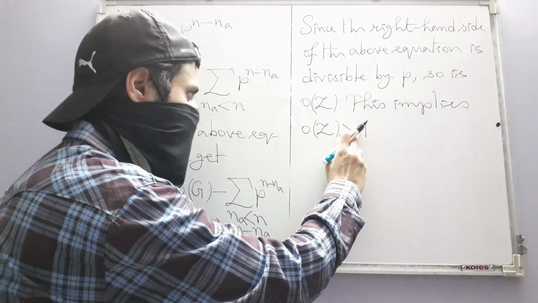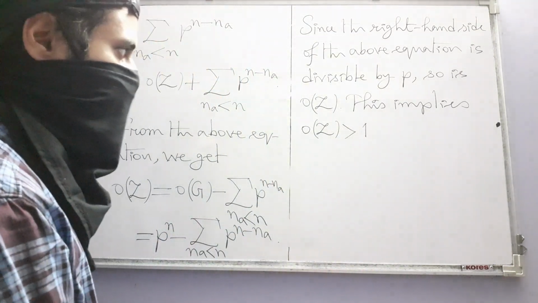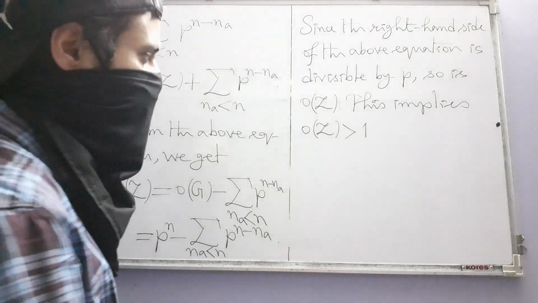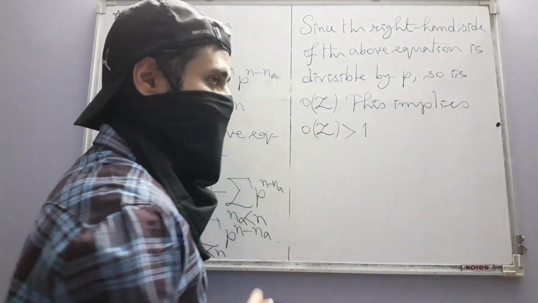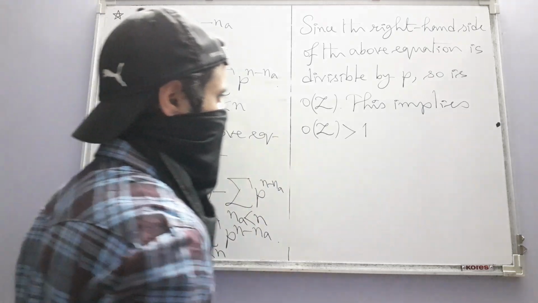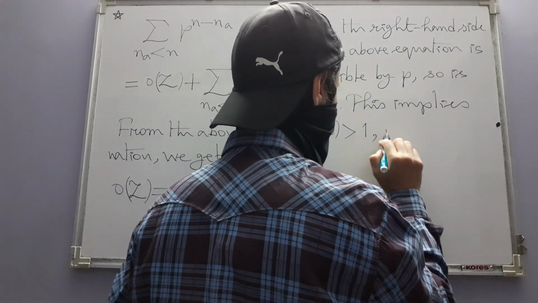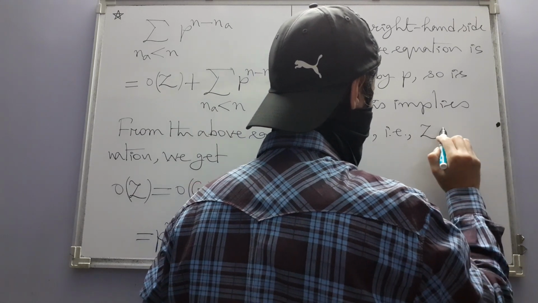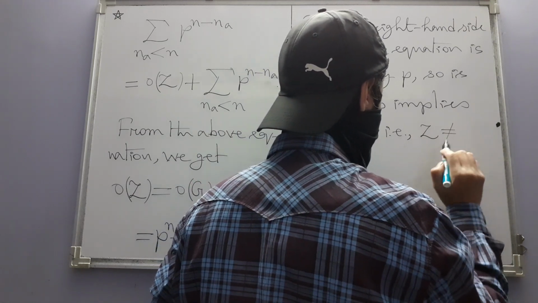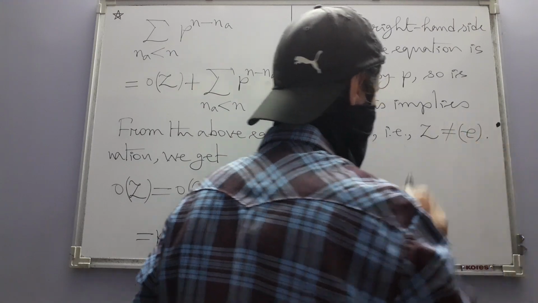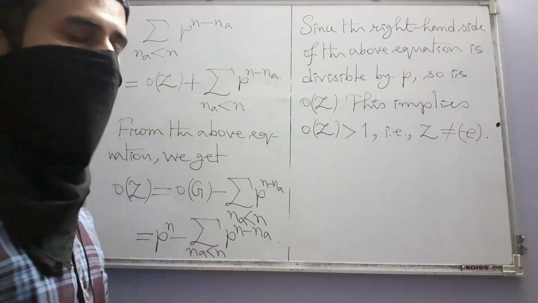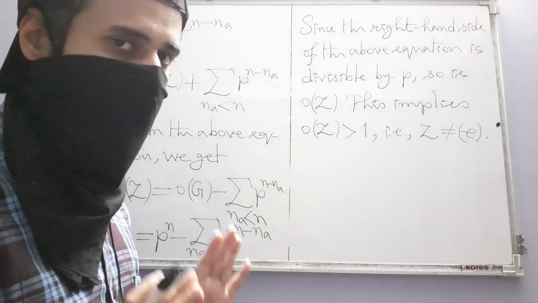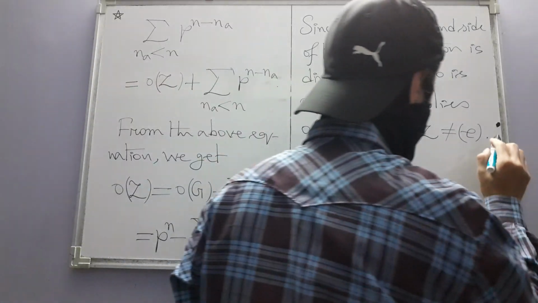Being the order of some subgroup, it is a positive integer, but it cannot be equal to 1 due to this divisibility. And because of this inequality, the center cannot be trivial. It must have some non-identity element, and this is what we wanted to prove. So that's the proof.